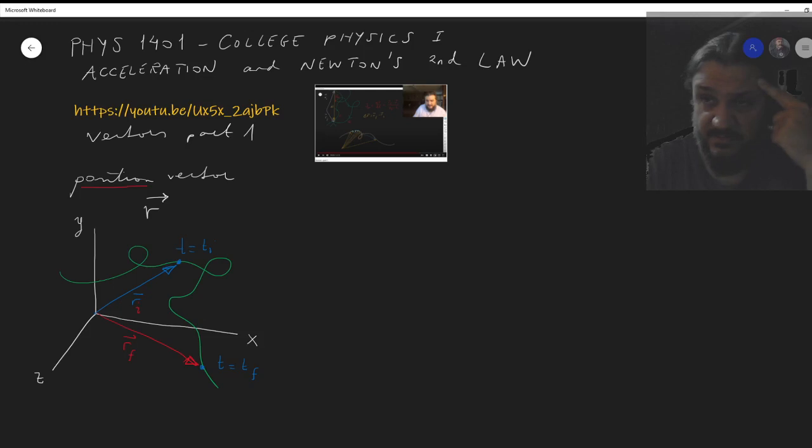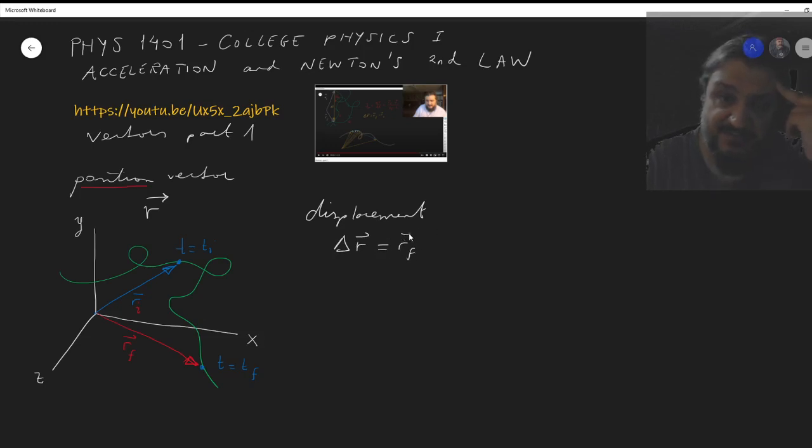So we also have displacement. These are explained in detail in that video. I'm just going fast. Just a very quick review. Displacement, which is delta. Delta means difference. Delta R, that is the final minus initial. So that would be a vector like this.